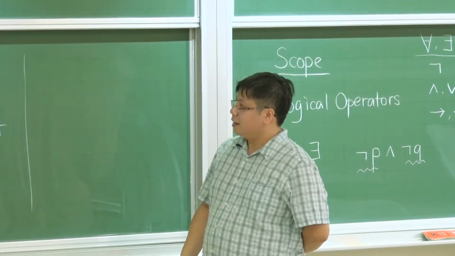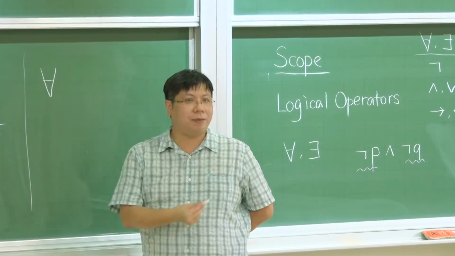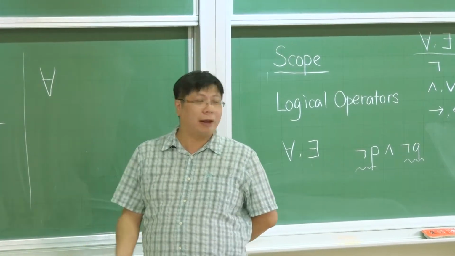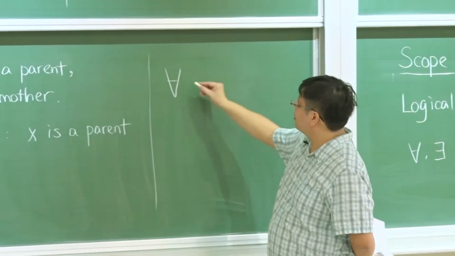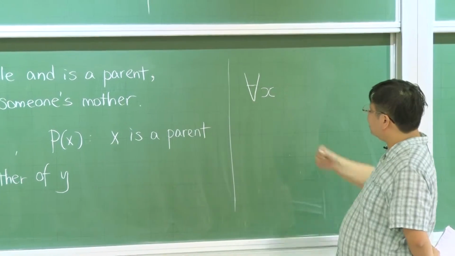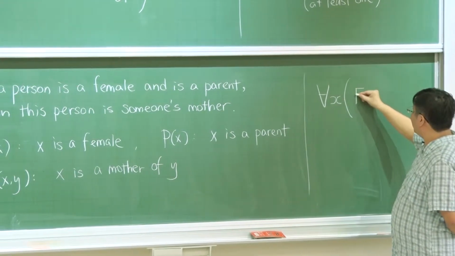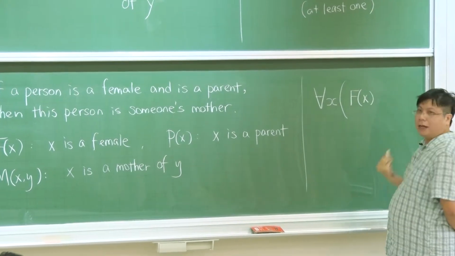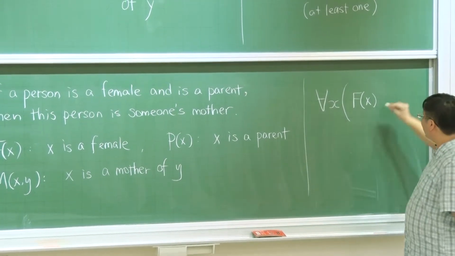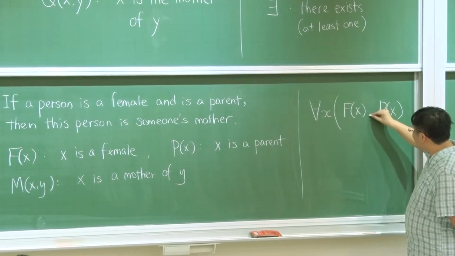Okay. So for every person, you can give a variable that you like. You can use x, y, z, whatever. But let's use x here. For every x, such that, okay, such that what? Such that Fx, x is a female, and Px, x is a parent.